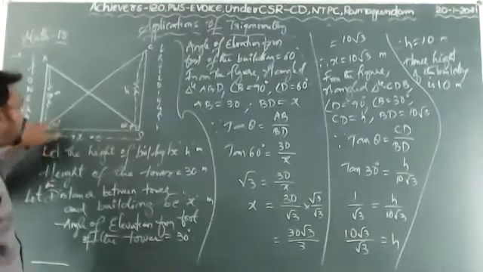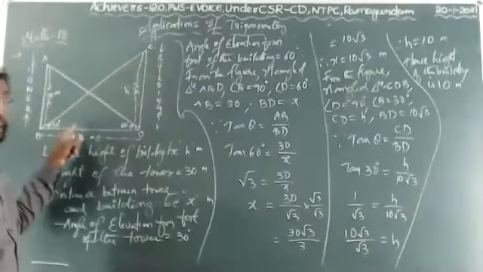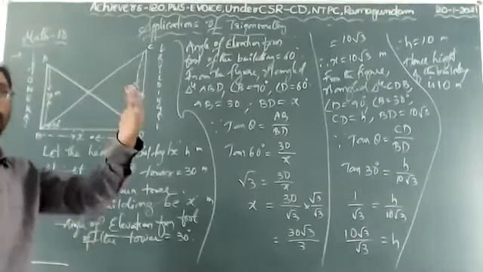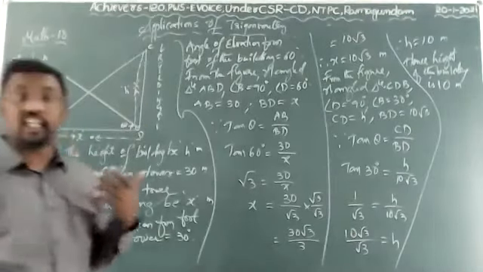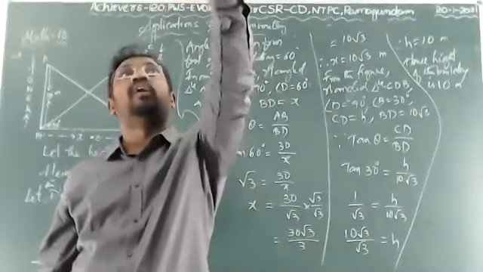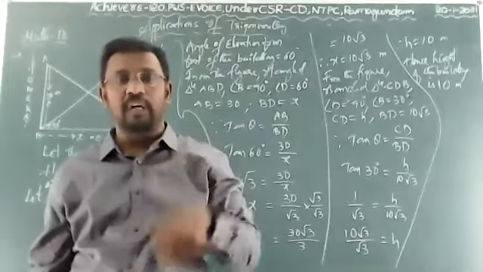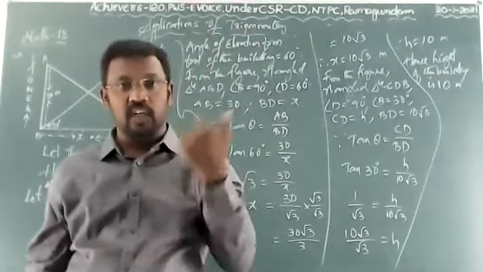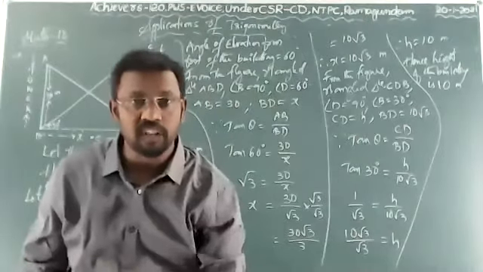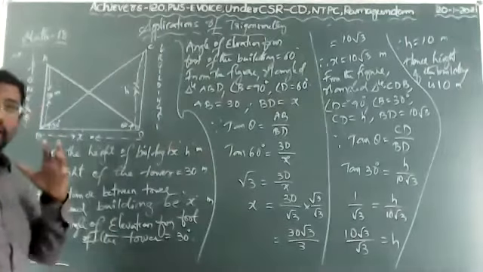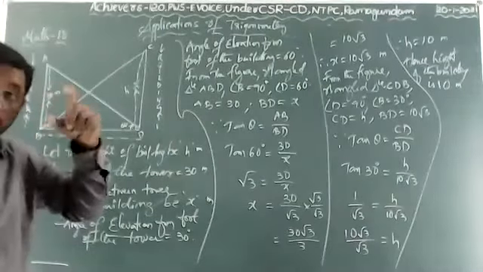From the foot of the tower, he is observing the top of the building at 30 degrees. That's what our imagination should be. Both are opposite each other. If I see the top of the building, indirectly this is the tower. The foot of the tower is opposite the foot of the building. You have to think of everything in trigonometry like this.